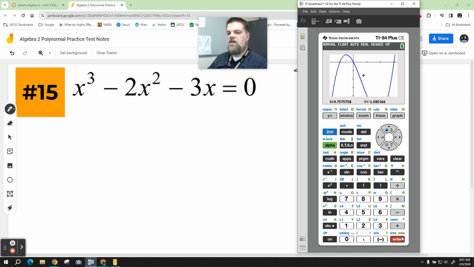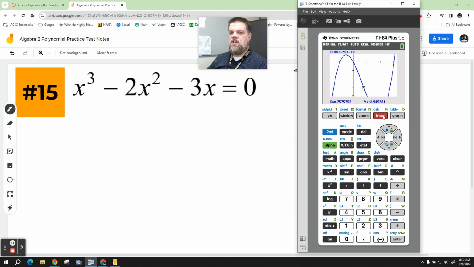So if I hit enter, I kind of get this. Okay. So it doesn't matter which point I choose, but it looks like it crosses at -1, it looks like it crosses at 0, and it looks like it crosses at 3.